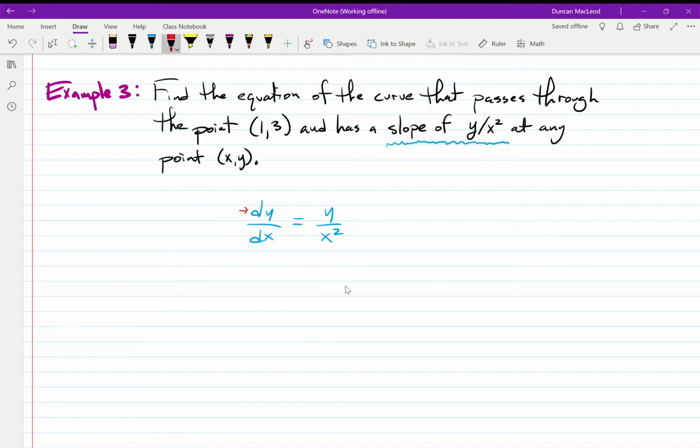So I need to multiply both sides by dx to make sure that the dy and the dx are in the correct locations. And then over here, the y over x squared, well, x squared is supposed to be on the right, so I'll leave it on the right. And then I need to divide both sides by y to move it to the left. And then these would be rearranged correctly.